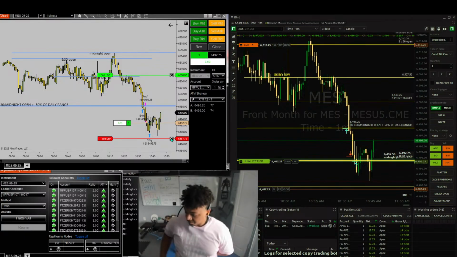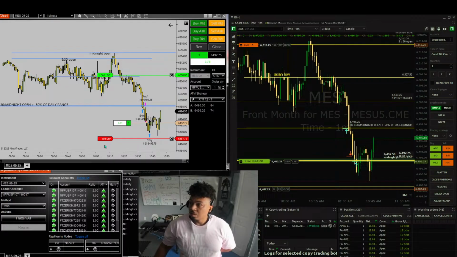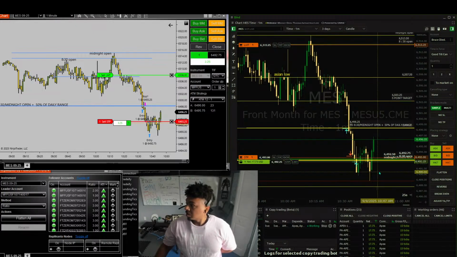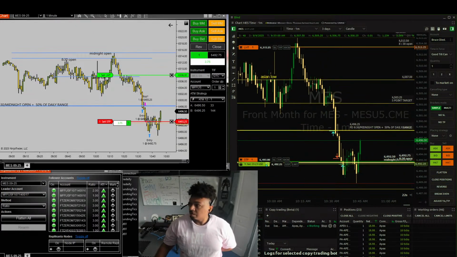Trying to see if we can get at least 50% of this range. I'm gonna move the stops to break even at this point, because if we come back to this stop, this doesn't make any sense. That's the trade for now. Let's see if we can hold this. Okay, we're back to the level we initially wanted to buy at.